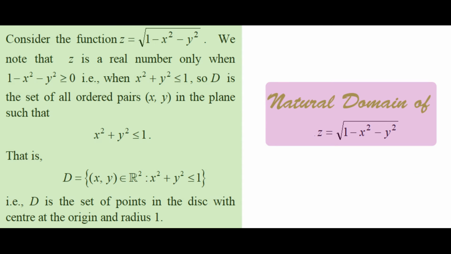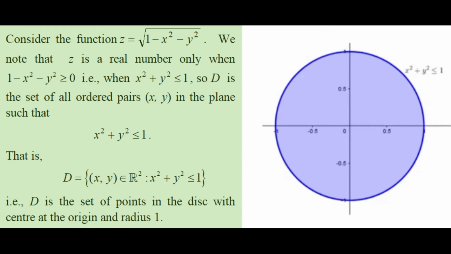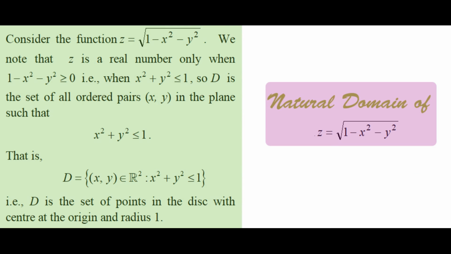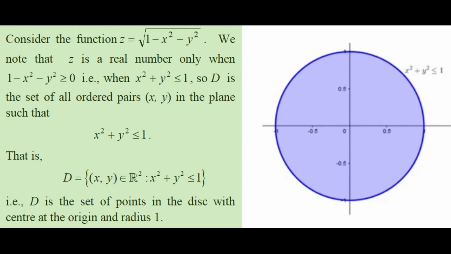So, D is the set of all ordered pairs (x, y) in the plane such that x^2 + y^2 <= 1. That is, D = the set of all (x, y) in R^2 such that x^2 + y^2 <= 1. That is, D is the set of points in the disk with center at the origin and radius 1.